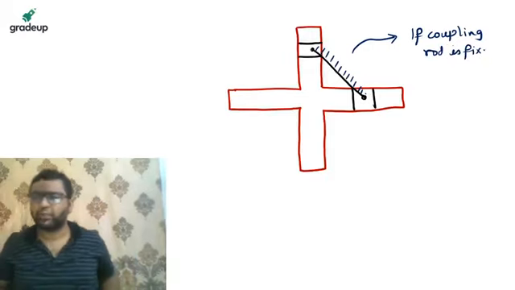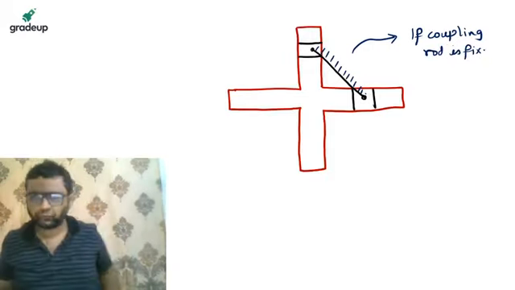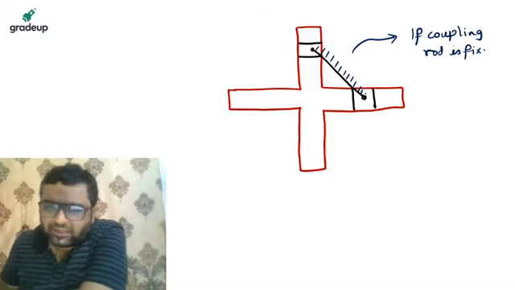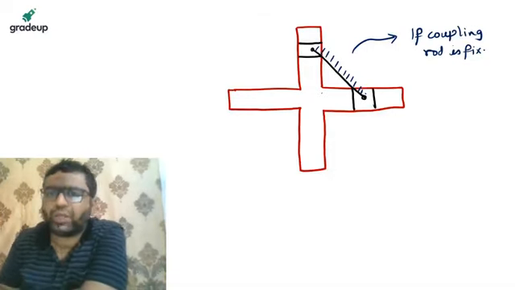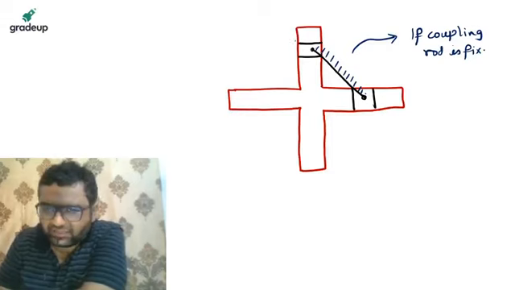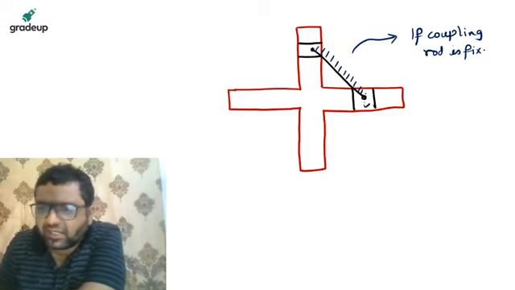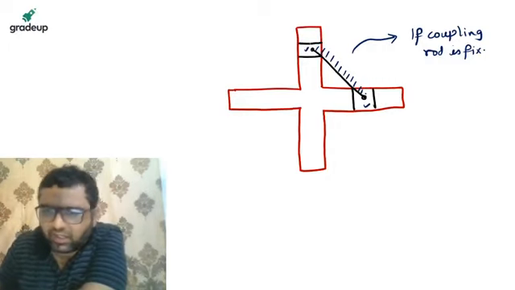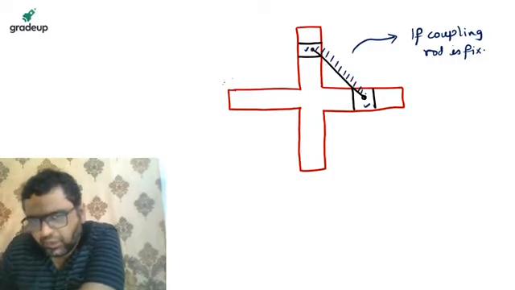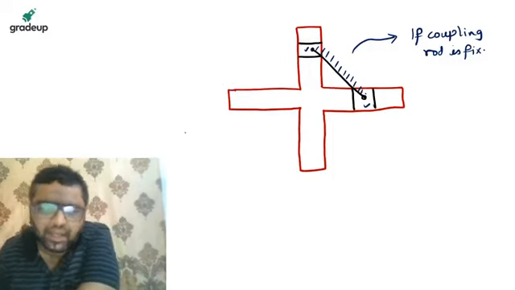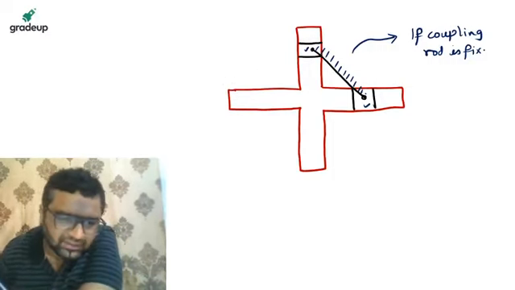The coupling rod is going to be fixed. In that case, if this is fixed, this slider cannot translate anywhere because it is joined with a fixed link here. But one thing can still happen.